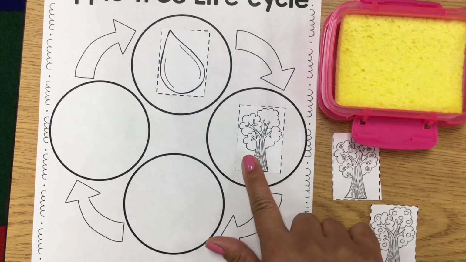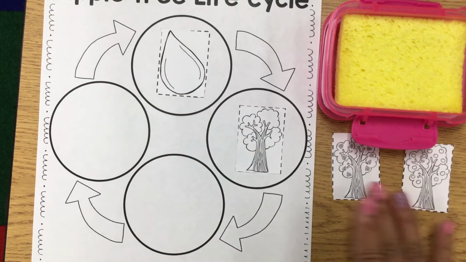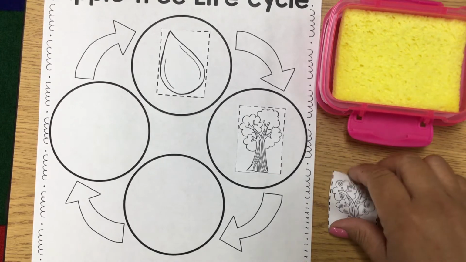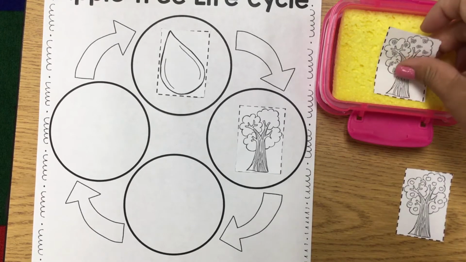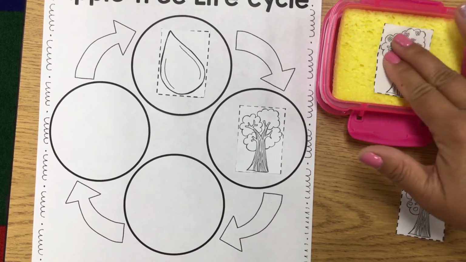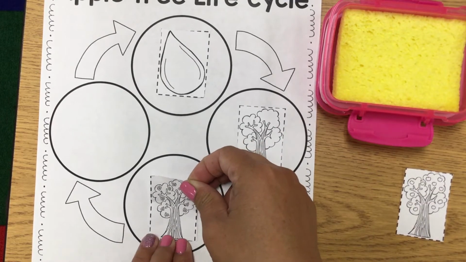Okay, and after it starts to grow from the seed, what do you have next? You have blossoms, okay? And the blossoms need to be pollinated by bees. Okay, remember you listened to that yesterday.